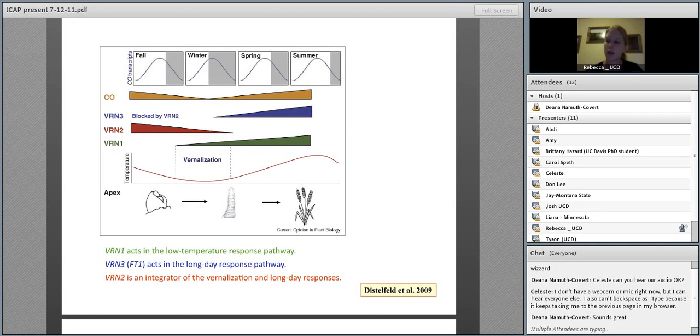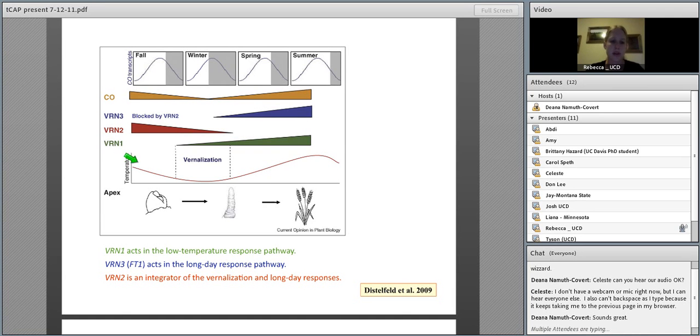So here we just have a little bit of a diagram that's describing the different seasons. You can see here the constant expression in long days in fall, and then as you have shorter days in winter, the activation of CONSTANS is shown to be occurring when it's expressed during the light, which occurs during these long days here in fall, and then again in spring and summer, specifically in summer there. And you can see this overlap of the temperature here.